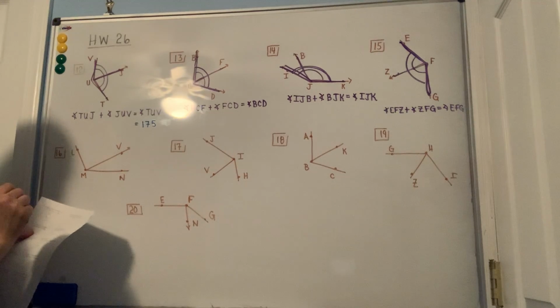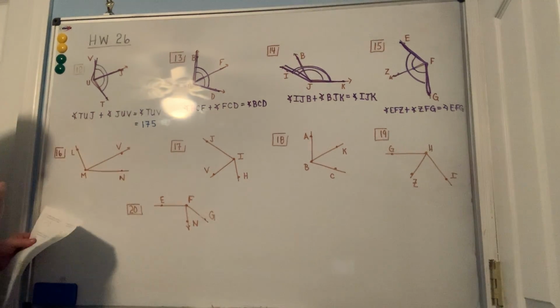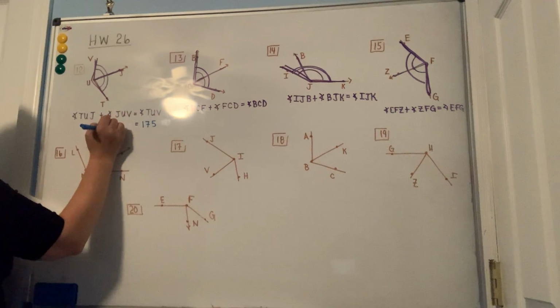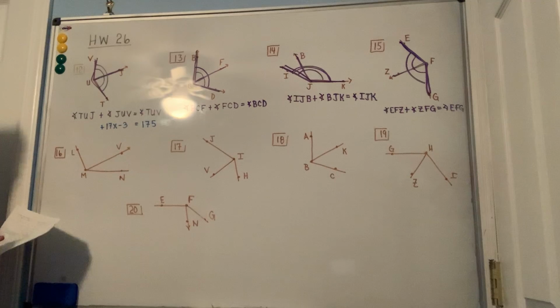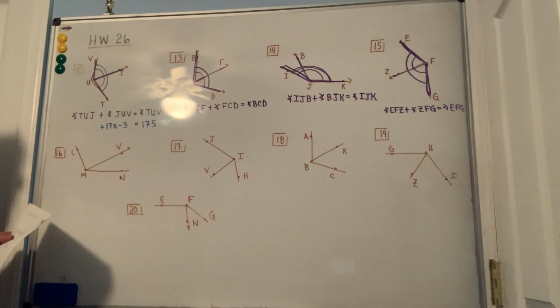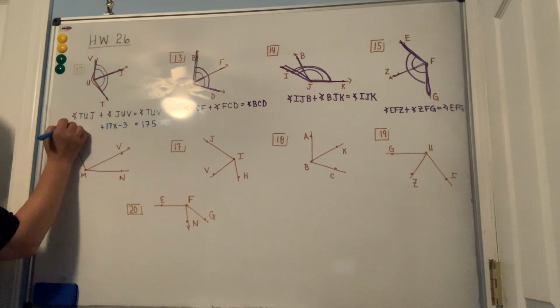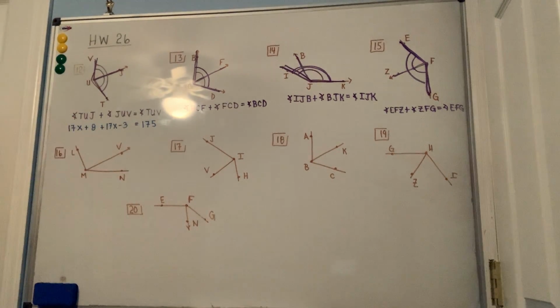But then it says angle VUJ. I'm reading it backwards. That one is 17x minus 3. And if you keep reading, it tells you JUT, and that one is 17x plus 8. If you solve that equation, you will have solved for x.